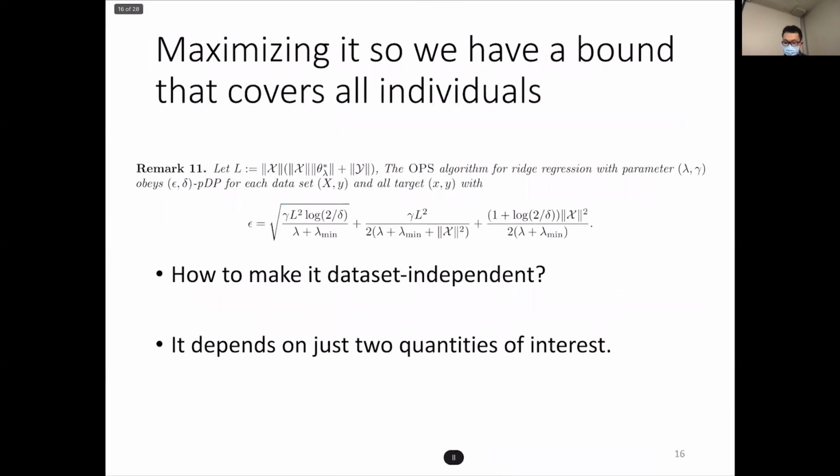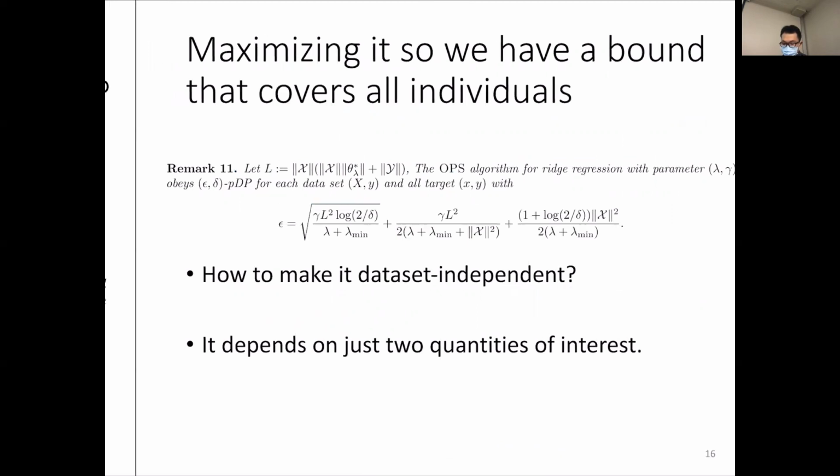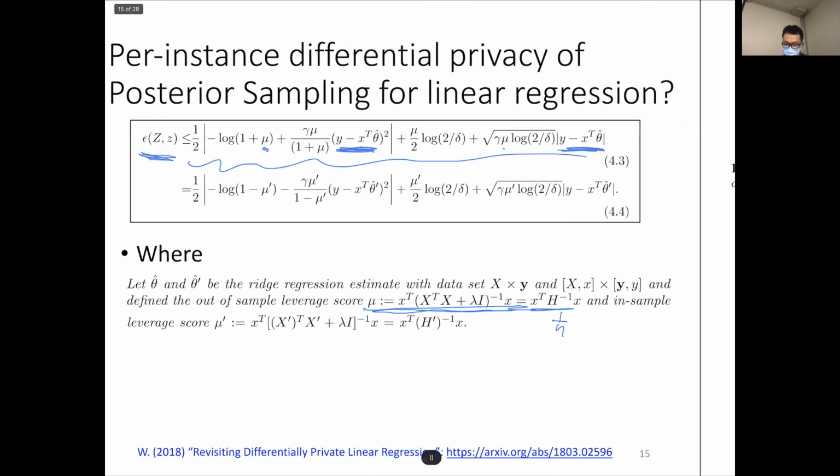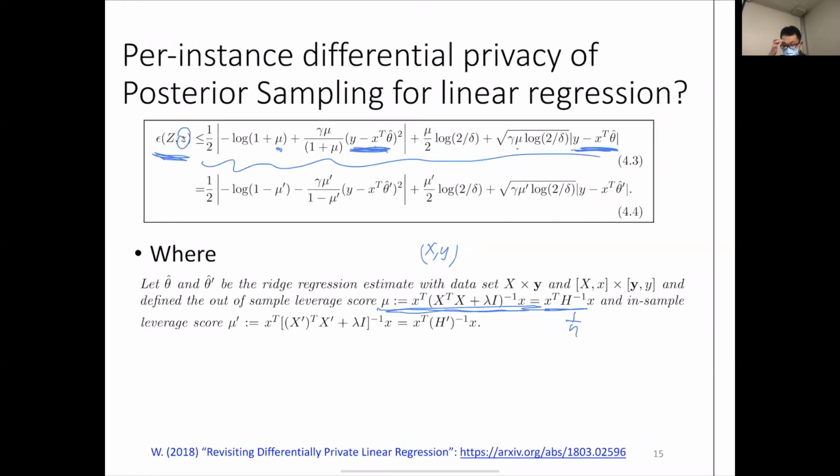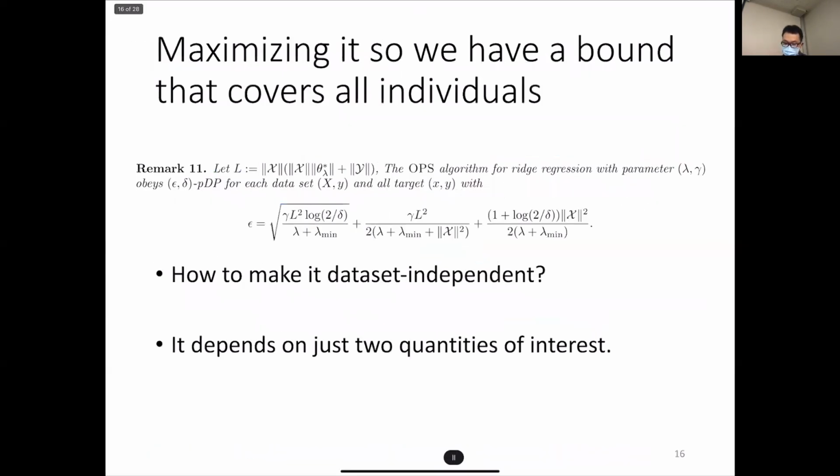If we do that, then we get this expression that eliminates the dependence on this little z, which is little x, y. Not surprisingly, it ends up depending on the smallest eigenvalue of X transpose X, and also on the Lipschitz constant. The interesting thing for linear regression is that the Lipschitz constant is not actually bounded, right?